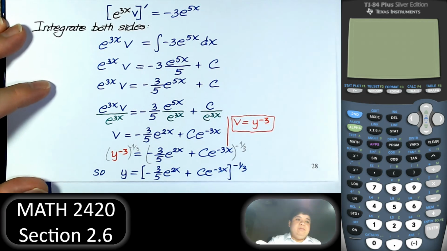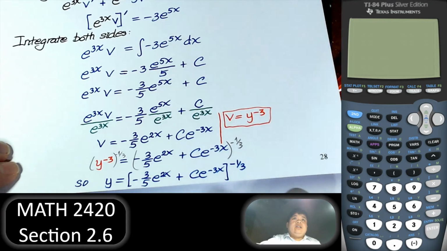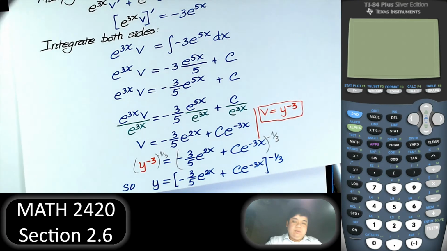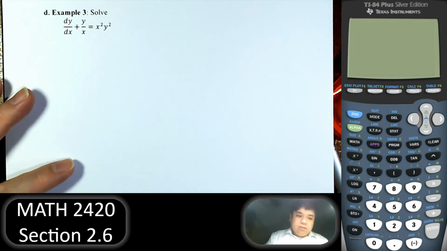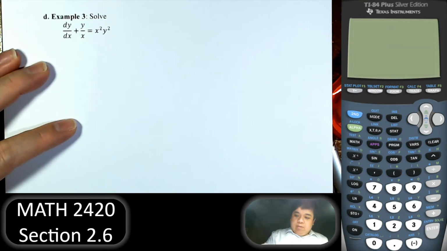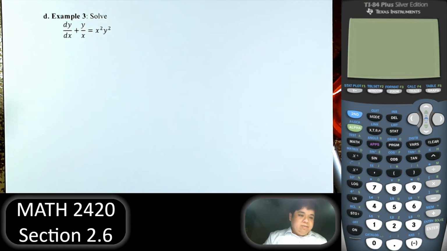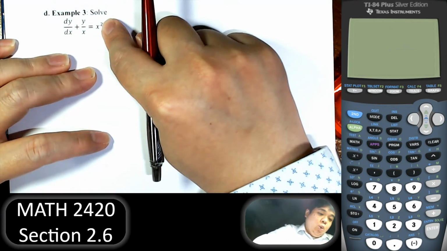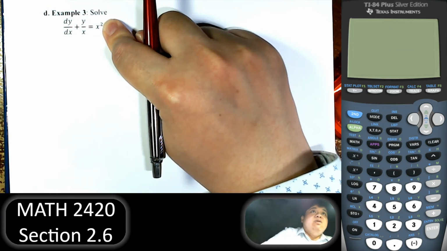Right, so let's look at another example, a Bernoulli equation. That is the equation, and what makes it a Bernoulli equation is that without this term, it is a linear first order equation.